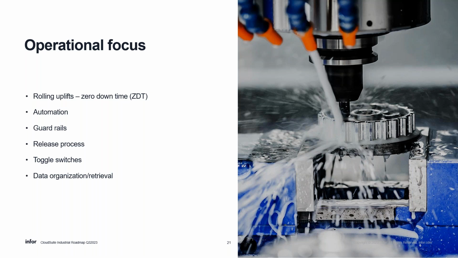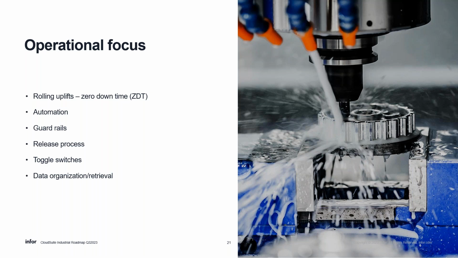You're only impacted when your particular tenant is being updated. This is something we're working towards. We had rolled it out, and I think for August we're not doing the rolling downtime, but we will bring that back as something that we continue to work on and improve.